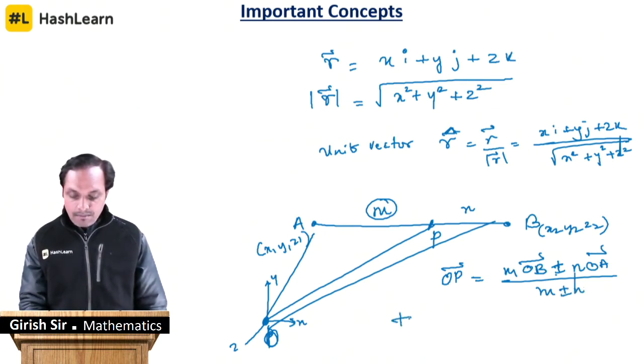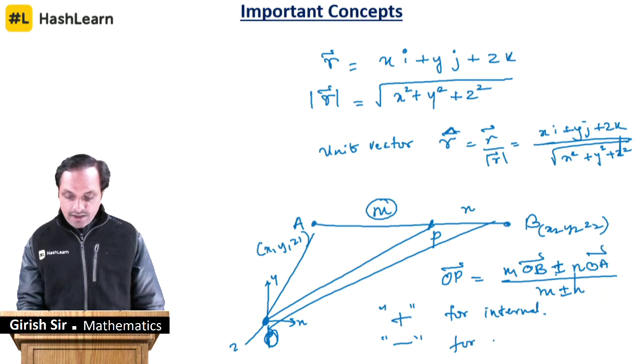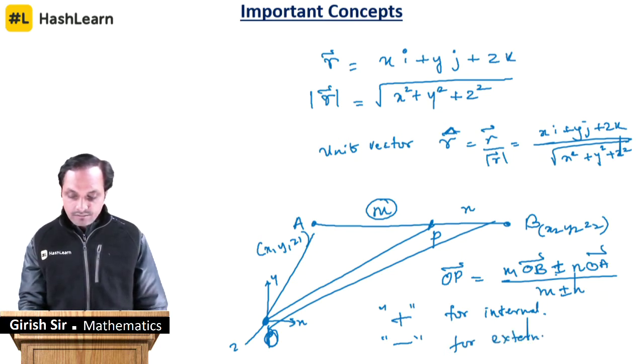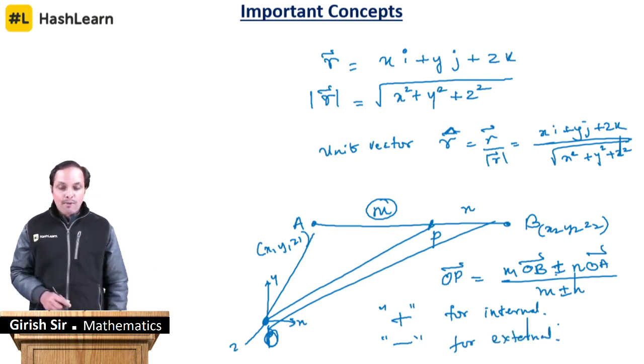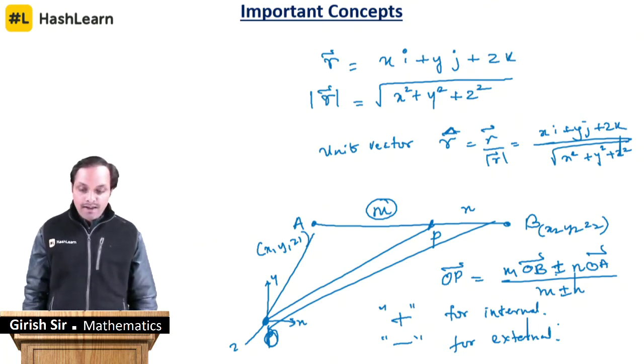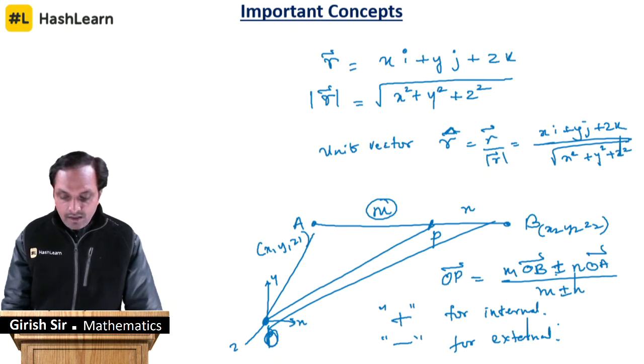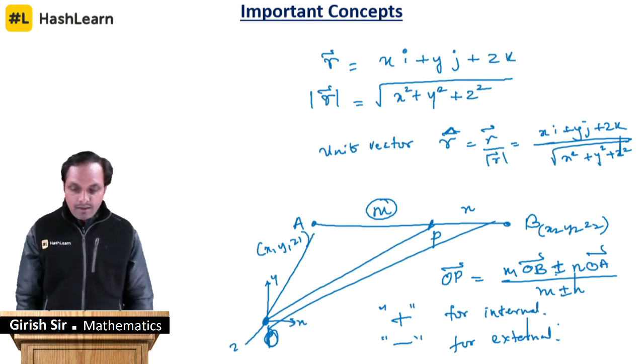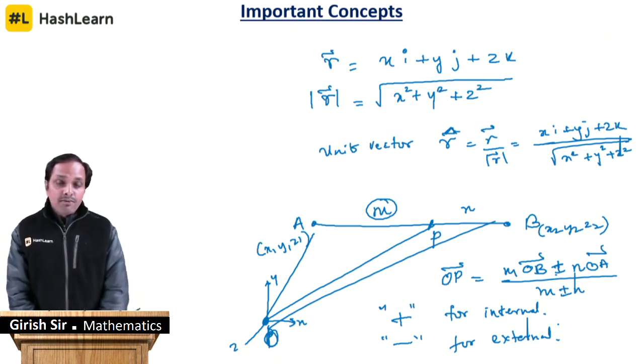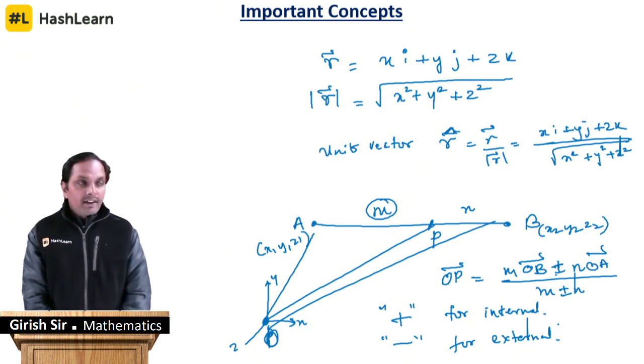You need to take the plus sign for internal and the minus sign for external. So if the point P is internal to A and B, take the plus sign. If it is external to A and B, take the minus sign. We will get the section point. Okay, fine. So with this basics, we shall start the problems on vector algebra.